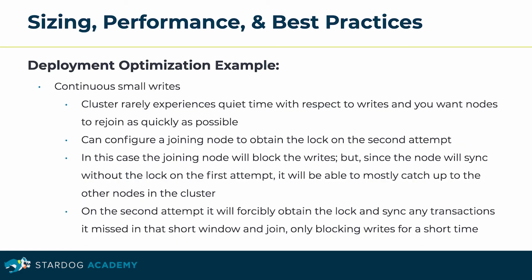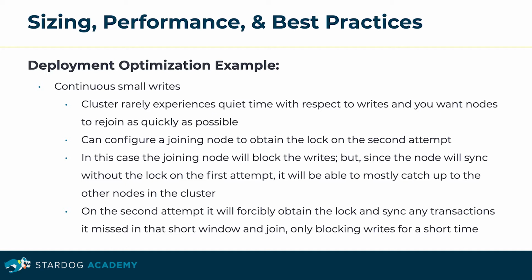You may have a scenario where you have continuous small writes all the time. There's rarely any quiet time in the cluster with respect to writes, but you do want your nodes to join as quickly as possible. You can actually configure it to obtain a lock on the second attempt.